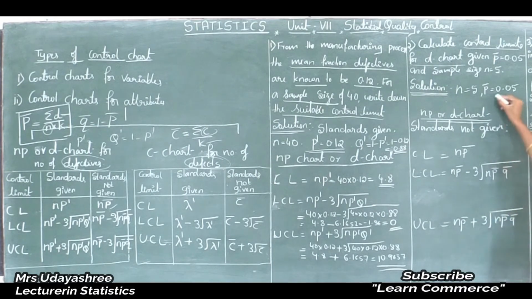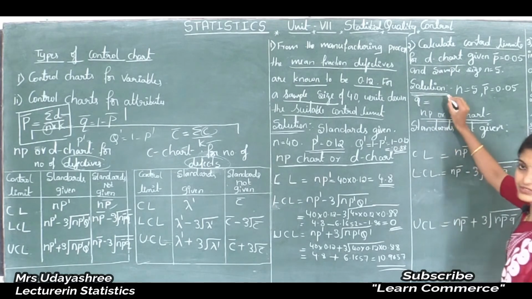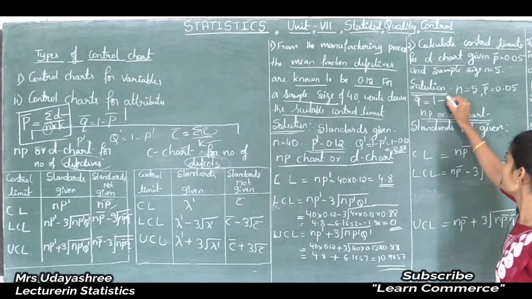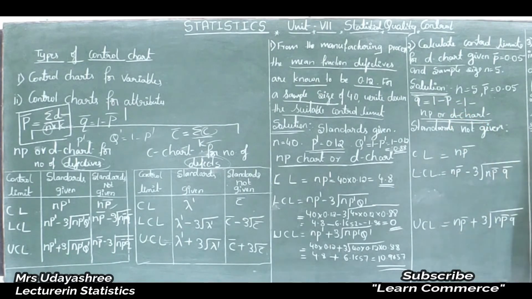See, here we got the P bar value in the problem. They gave the value for P bar. If we know the P bar value, then how to calculate the Q bar value? To calculate the Q bar value, we use the formula 1 minus P bar. So here, 1 minus P bar, where P bar is 0.05.